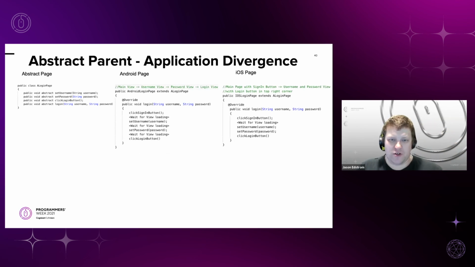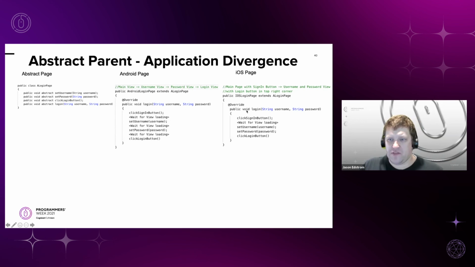So with app divergence, the abstraction just becomes the same, where we're waiting for views to load, set username, set password, clicking on login. Therefore, we're able to have generic methods that are kind of BDD, or behavior-driven development, like Gherkin. It entertains some of those pieces.